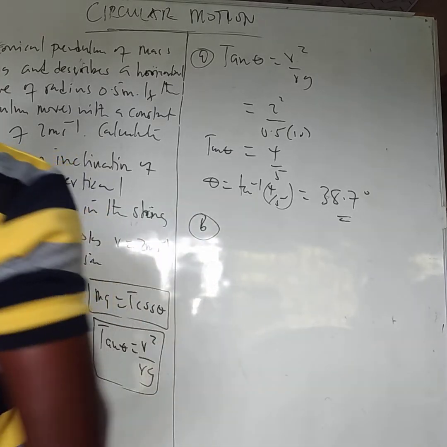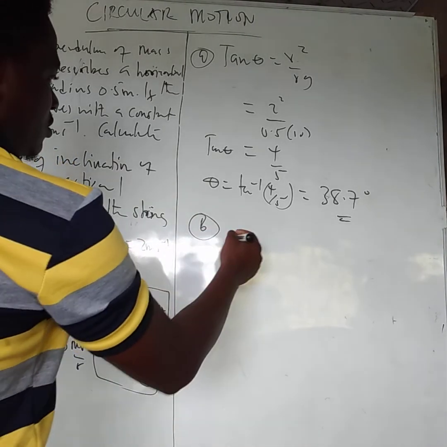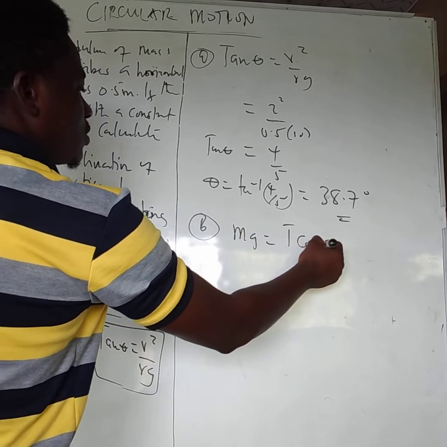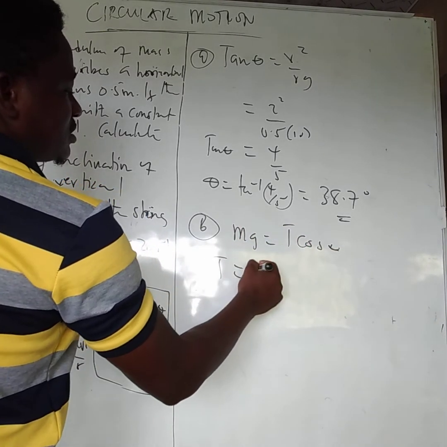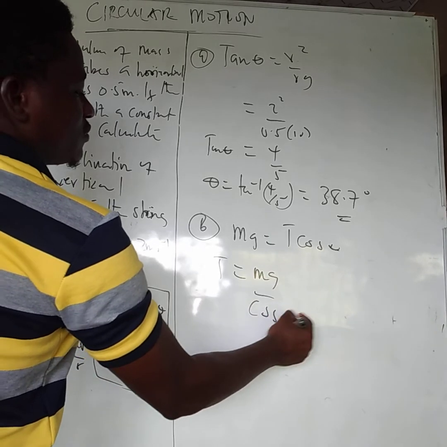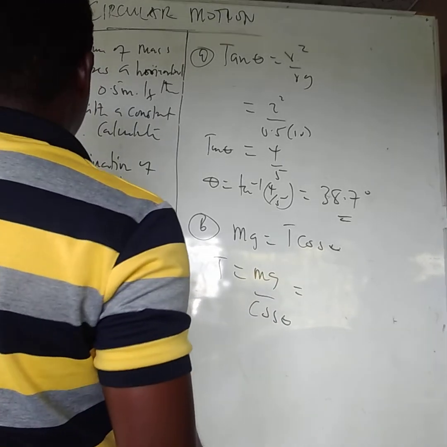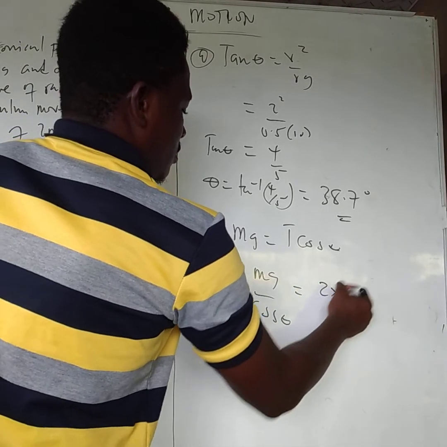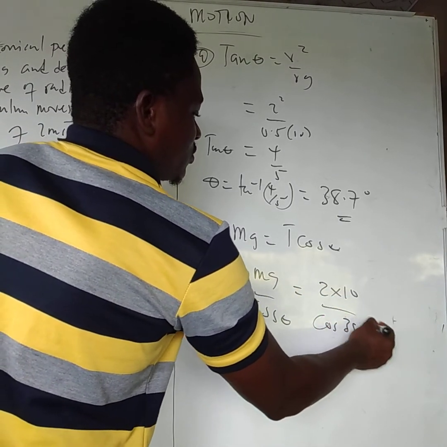Then for part B, we have to calculate the tension. From the diagram, mg is equal to T cos theta. Therefore, the tension T is mg over cos theta. The mass is 2, so you have 2 times 10 over cos of 38.7.